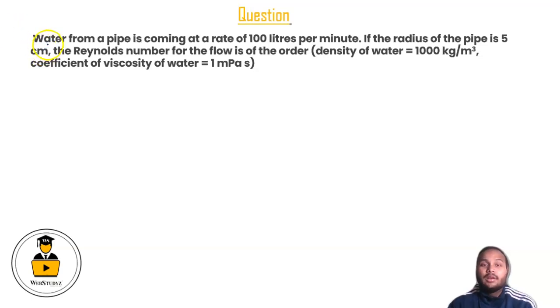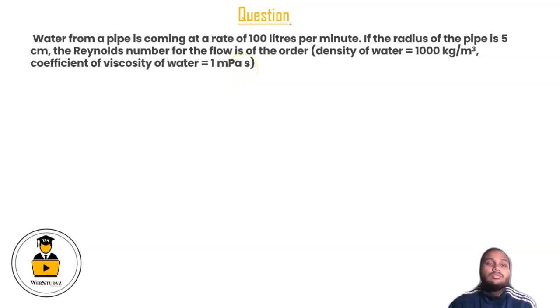Now let us solve questions based on Reynolds number. It is said that water from a pipe is coming at a rate of 100 liters per minute. If the radius of the pipe is 5 centimeter, the Reynolds number for the flow is of the order? Firstly, the density of water is given and the coefficient of viscosity of water is also given here.